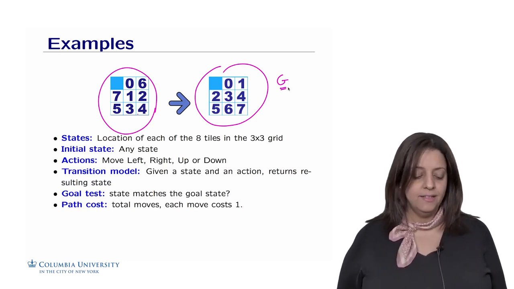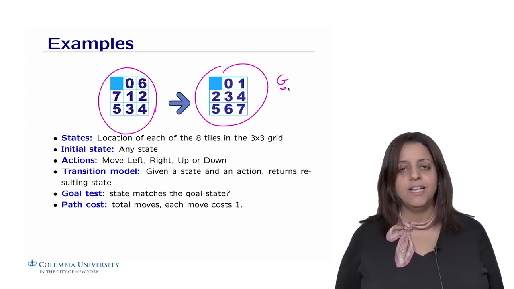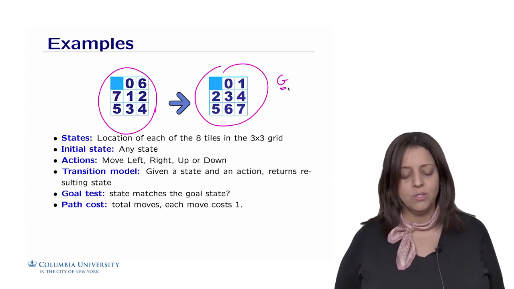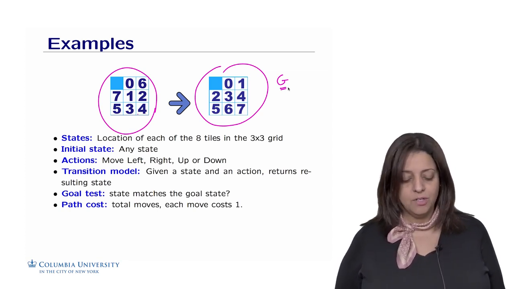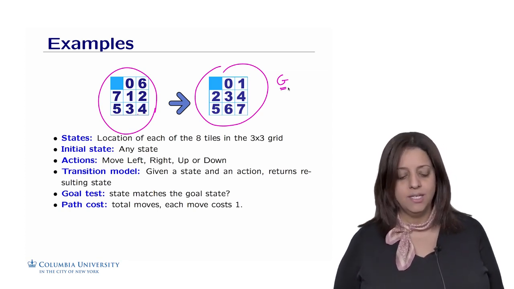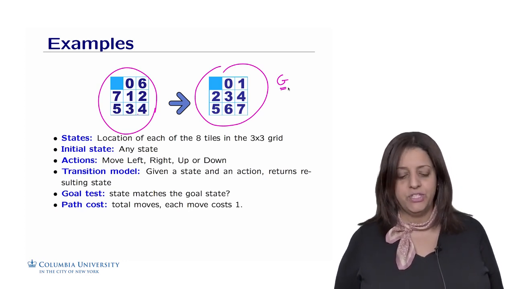The path cost finally is the total number of moves. If we want to organize these tiles in increasing order from 0 to 7, we don't want to spend a long time doing that. So this can be assessed by the number of moves, where each one costs 1, which could be an assessment of how well we are doing in reaching the goal.